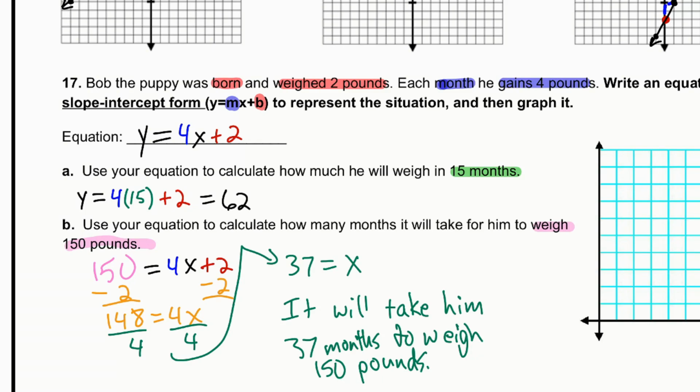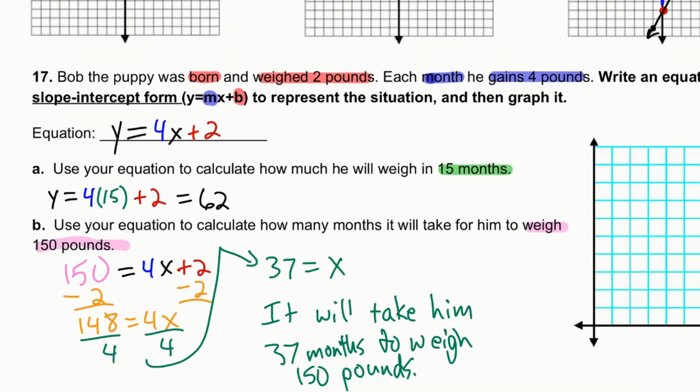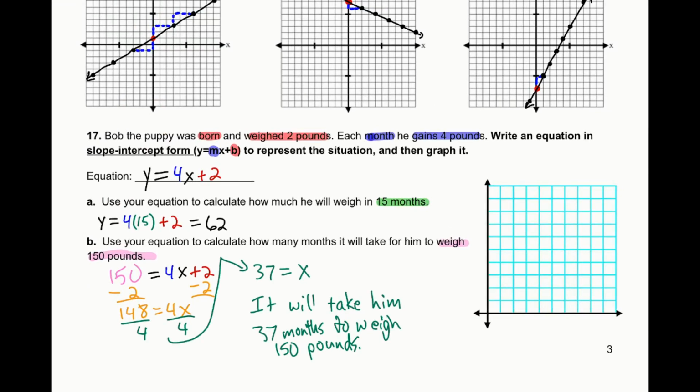All right, to graph this situation, well, x, that's my months, number of months since birth, and y is the weight in pounds, and I'll put LBS for pounds. I'm also going to put 1 month, 2 months, 3 months, like that.